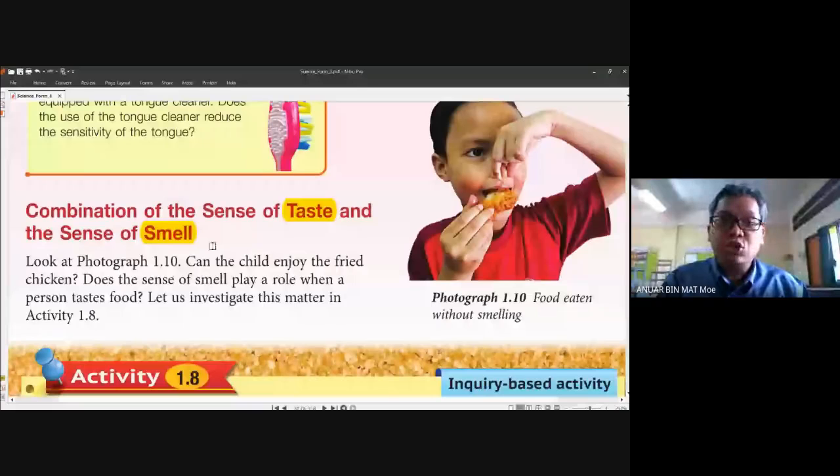Okay, boleh cubalah. That's why they are working together. Sense of taste and sense of smell working together for you to enjoy the food. Not just the tongue only, it also cooperates with the nose, right?